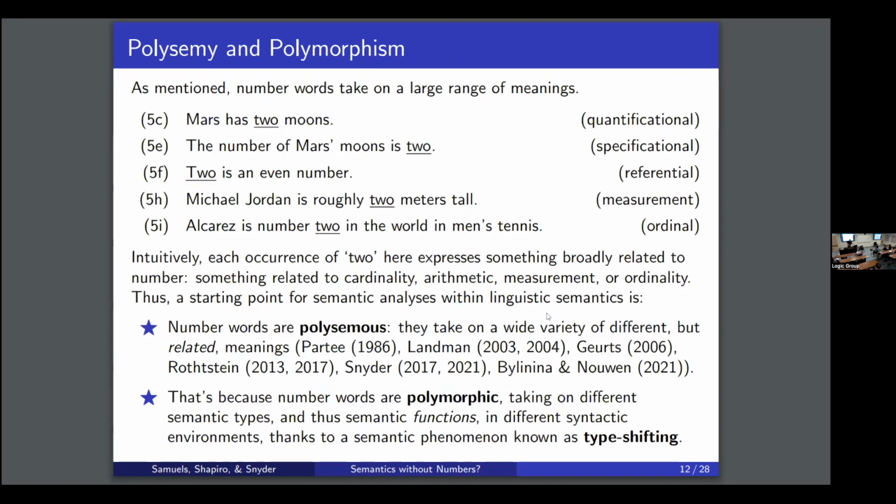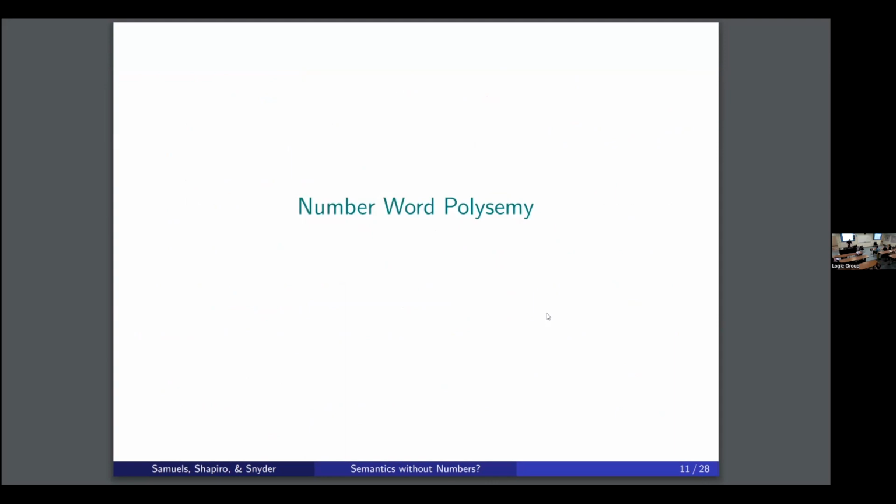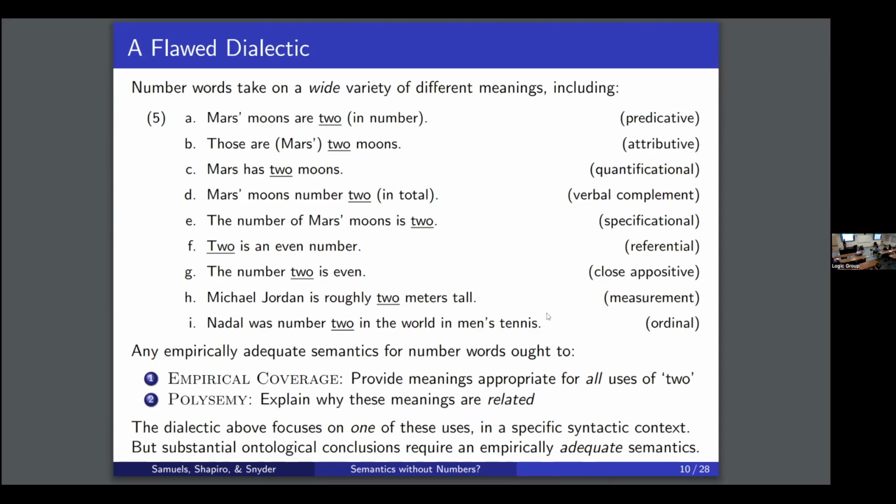So if we go back to the different uses here, according to substantivalism, the use of two in 5F is the basic one. That's the lexical meaning of two, and all the rest of the meanings are derivable from it. According to polymorphic adjectivalism, it's either going to be this one, the predicative adjective, or this one, the attributive adjective or determiner.